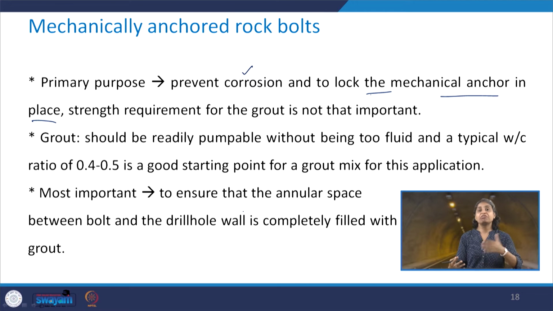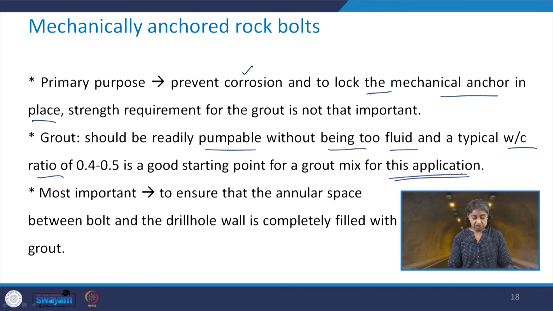The grout should be readily pumpable without being too fluid, and a typical water cement ratio of about 0.4 to 0.5 is a good starting point for a grout mix for such an application.